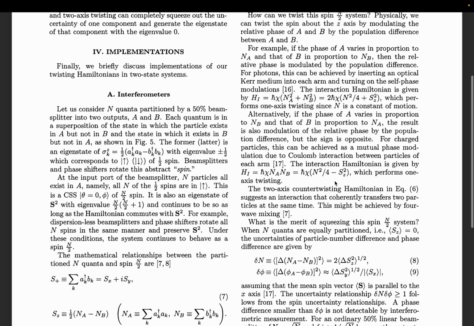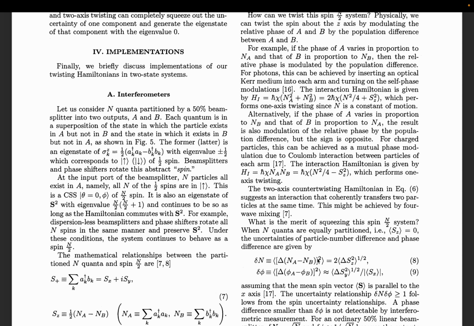The two-axis twisting can be achieved by using four-wave mixing, as given here in reference 7. So this is how one can establish one-axis twisting and two-axis twisting in this interferometer.